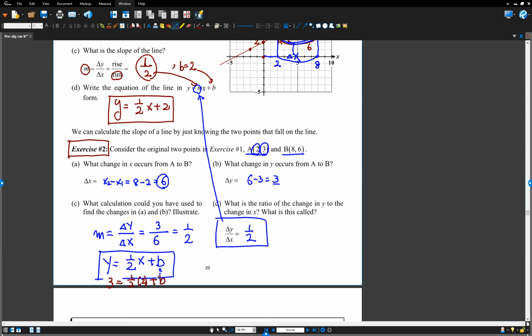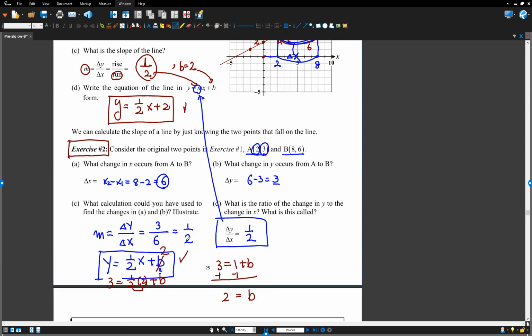That must be equal, so solve this one. 3 equals 1/2 times 2, which is 1, plus b, isn't it? Now subtract 1 from both sides. Now you've got the value of b equals how much? 2, right? Now put this number in here. So the equation of the line is 1/2 x plus 2.